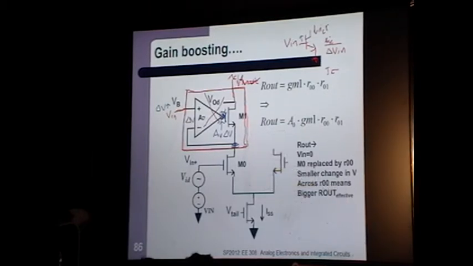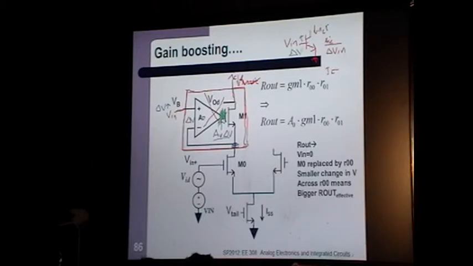So that's how much this node right here is going to move: Av times delta V. You only changed V in by delta V. Let's do that over here too. Golly, this mouse is nasty.